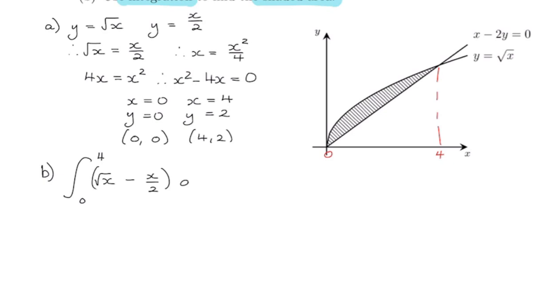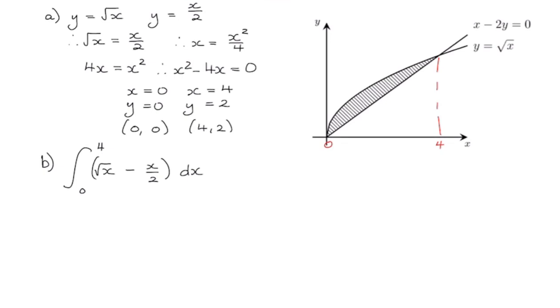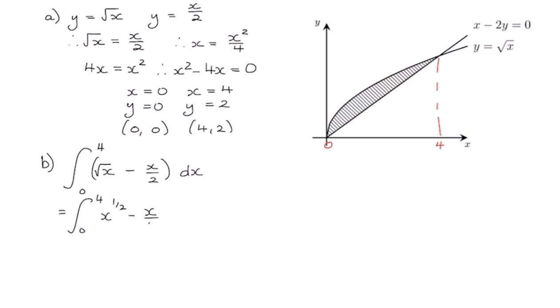Again, be careful. If your function contains more than one term, you've got to make sure that you put that in a bracket and apply your rules. Now you can see square root of x is not in a form that we can integrate, so we need to turn it into x to the half minus x over 2, and we are integrating that with respect to x.